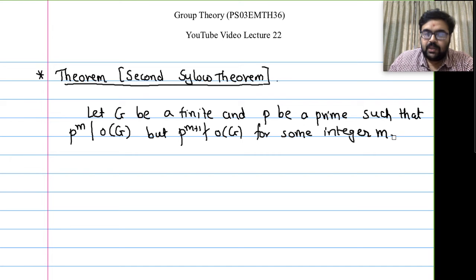Then by the first Sylow theorem we know that it has a subgroup of order p power m, the highest prime power. It has a subgroup of order p power m, which is called a p-Sylow subgroup.